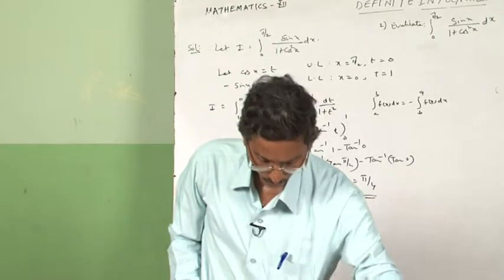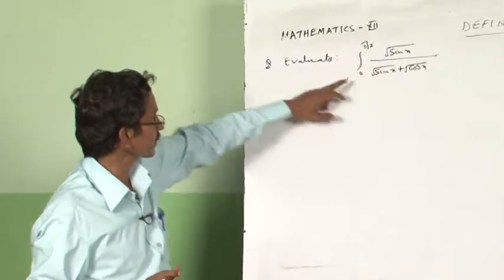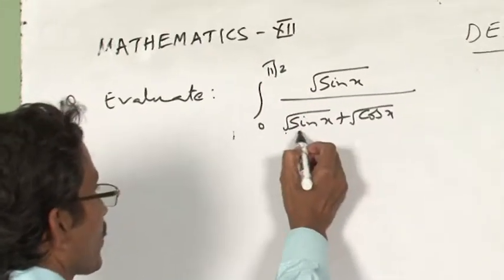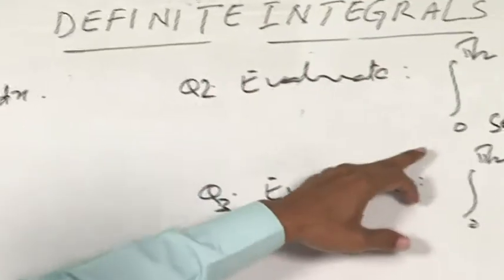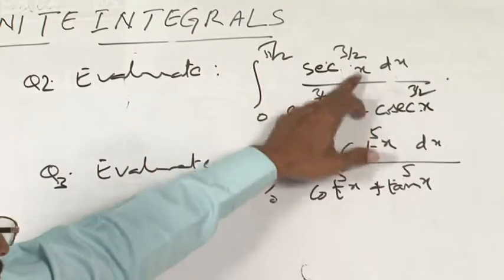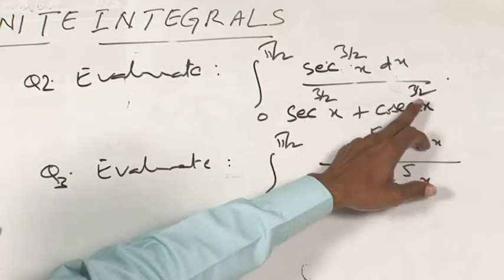So, I will solve one more question, children. Dear children, see these questions. One, evaluate the integral from 0 to pi by 2 of square root of sin x by square root of sin x plus square root of cos x dx. And second question, evaluate the integral from 0 to pi by 2 of secant power 3 by 2 x dx upon secant power 3 by 2 x plus cosecant power 3 by 2 x.